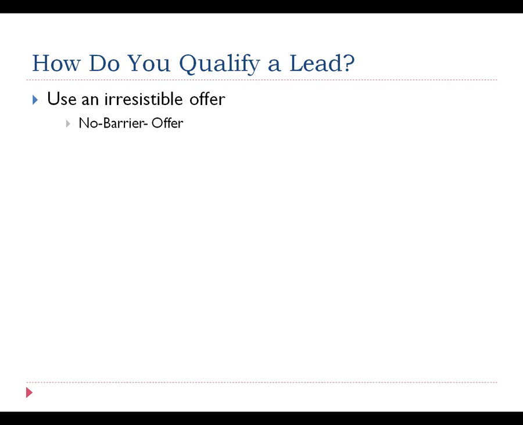So if you're willing to pay £1 for something that's worth maybe $97 or more, then they have qualified that you probably would be a potential client. So what they do is they use an irresistible offer, but it has to be a no barrier offer or a low barrier offer.